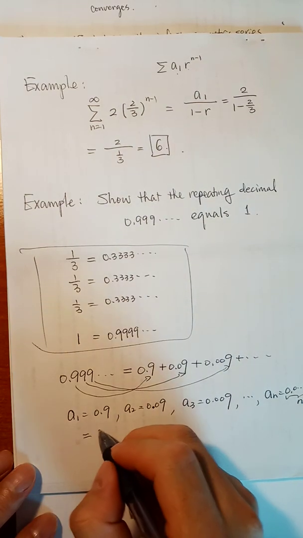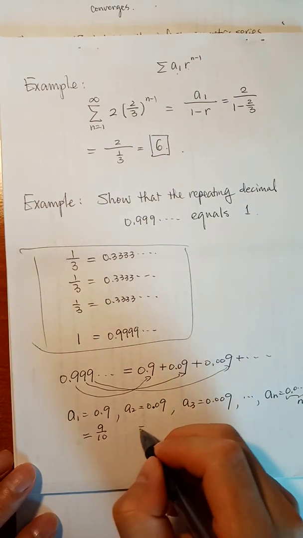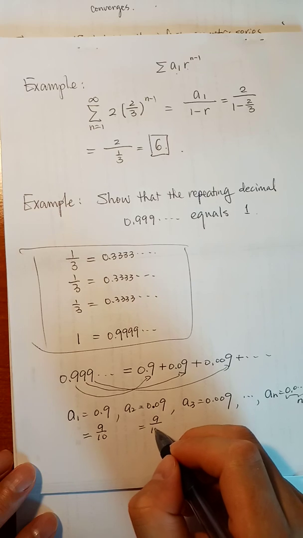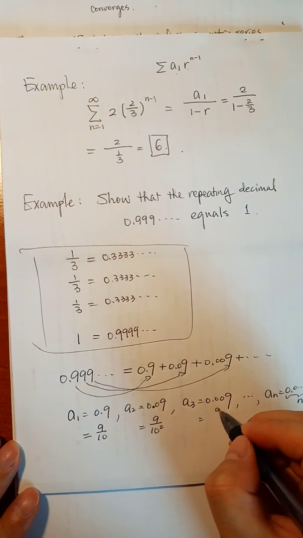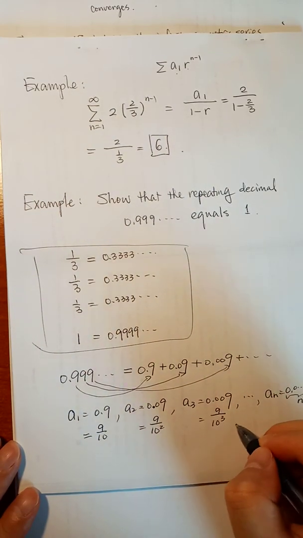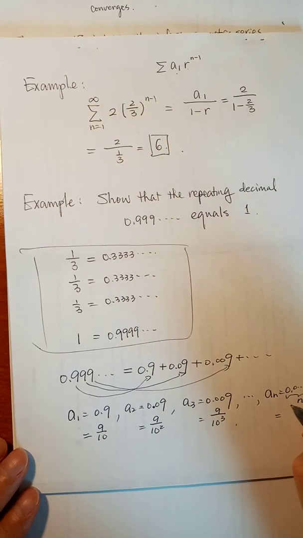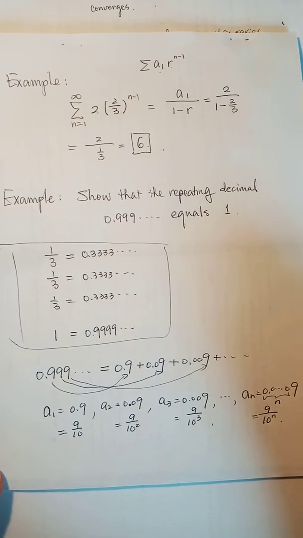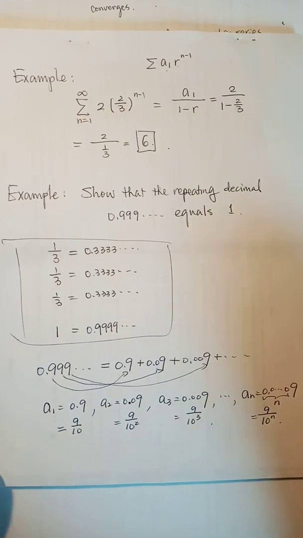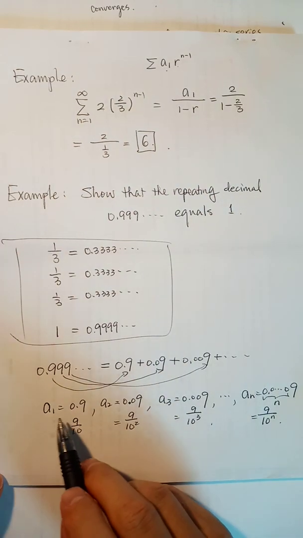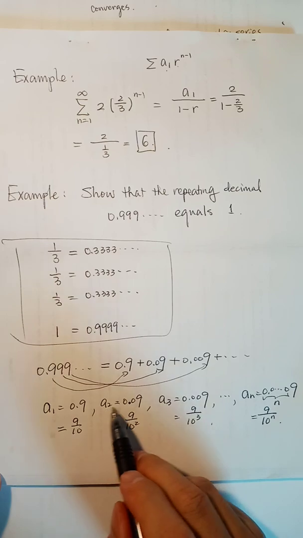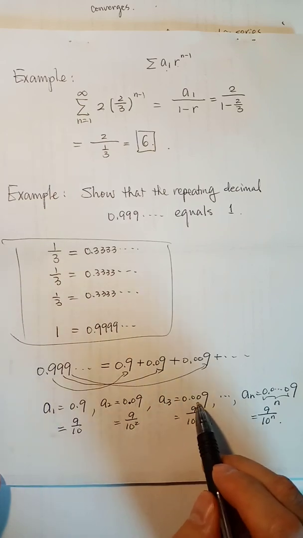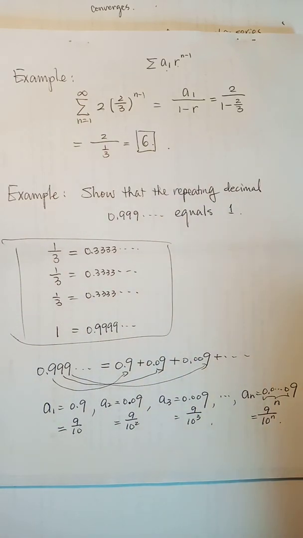In other words, this is 9 over 10, this is 9 over 100, 10 squared, this is 9 over 1,000, 10 cubed. Then this is 9 over 10 to the n in the general way.